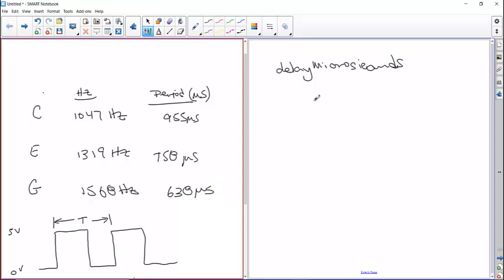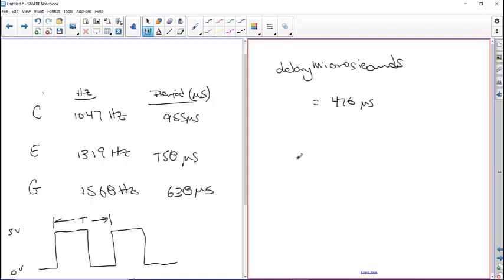Now the delay is going to be half of that. So you can take half of 955 and you'll get 476 microseconds.